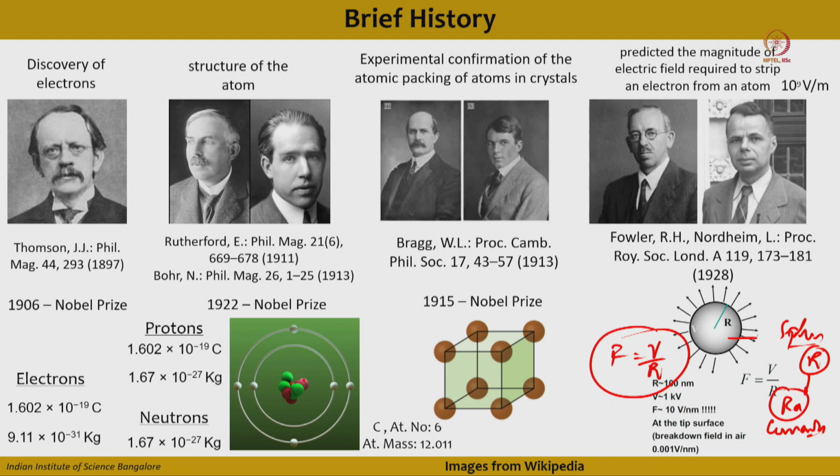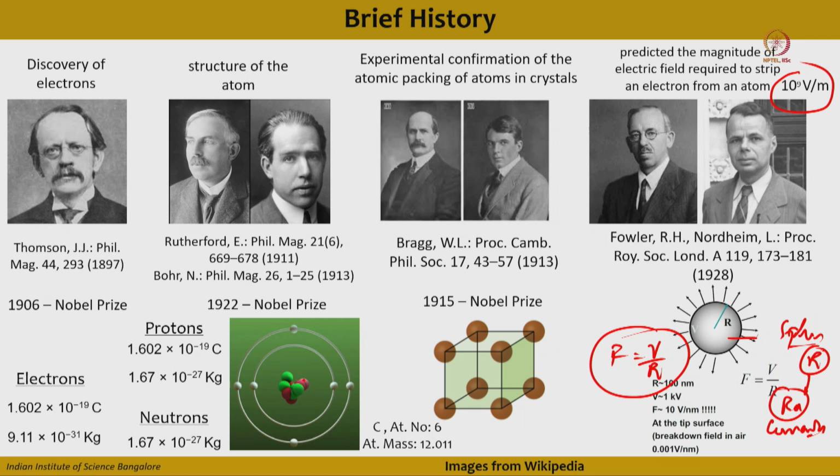And at a certain voltage, as I told you, they predicted around 10 raised to the power 9 volts per meter, we can strip the electron out of the atom.